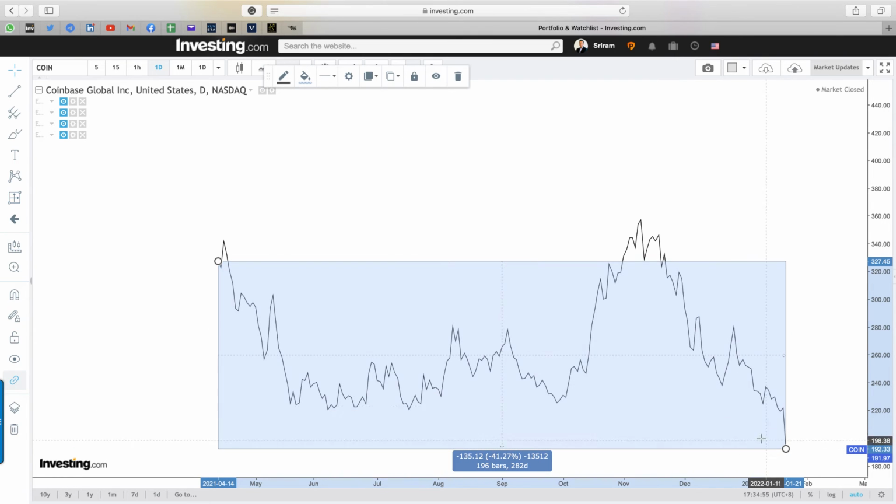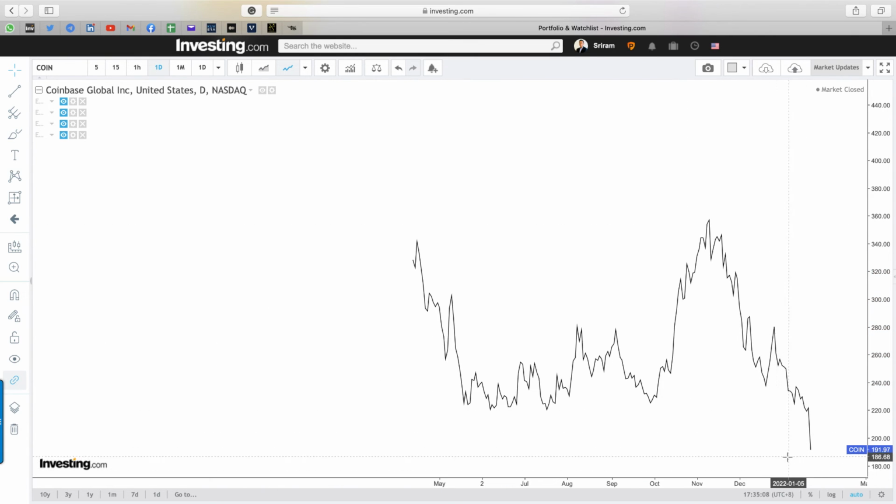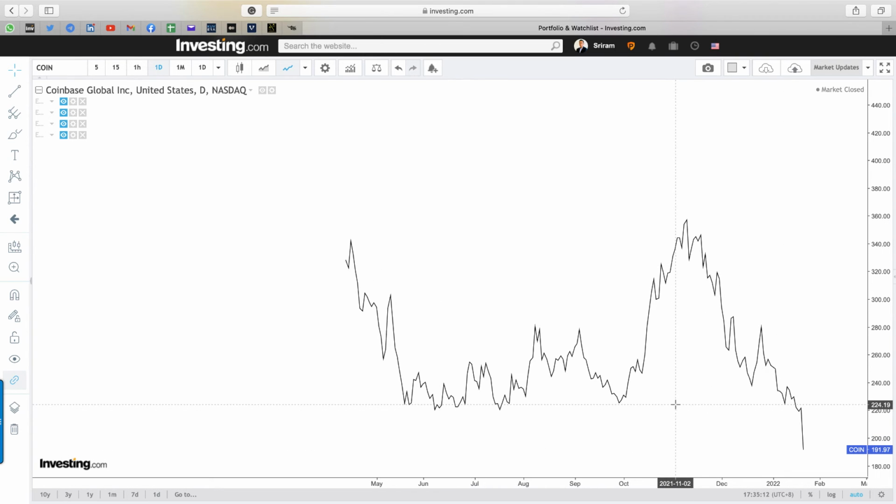It has dropped by 41% again. From the IPO price of somewhere around $300, it's now trading around $190. That's massive. I don't know whether there's any support or resistance here, because it's well below the IPO price. So I think probably crypto selling also intensified.